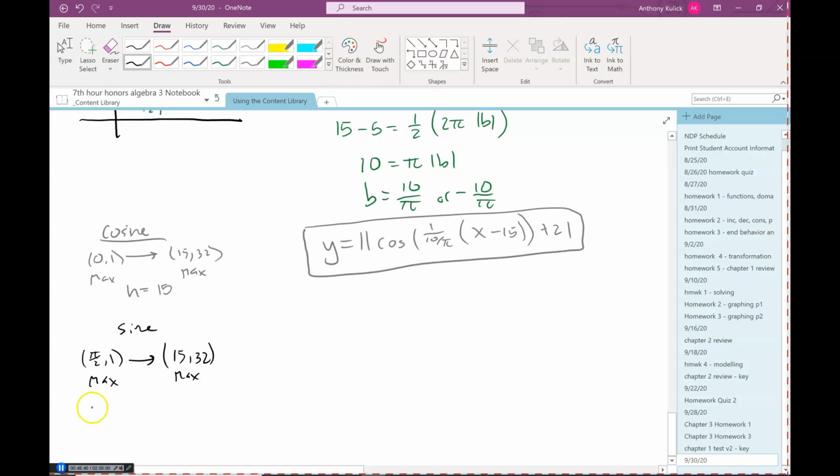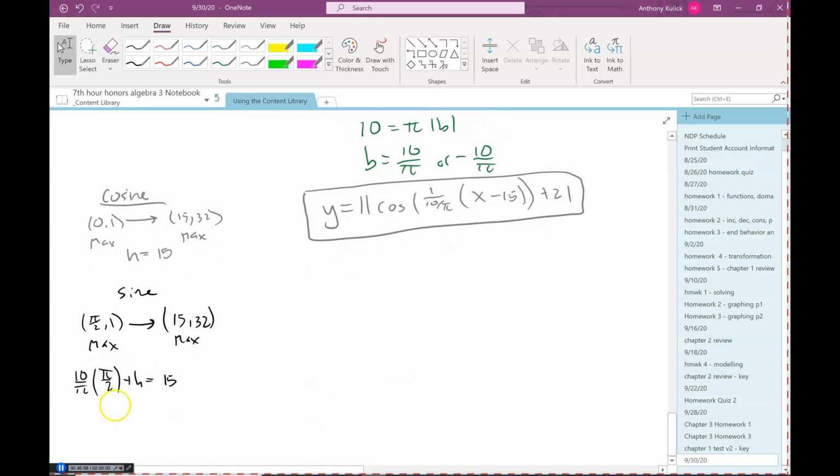So going max to max, my b is 10 over pi times pi over 2. That's my x coordinate, plus h, should give me 15. So 10 over pi times pi over 2 is just 5. And if I subtract 5 from both sides, I get 10.